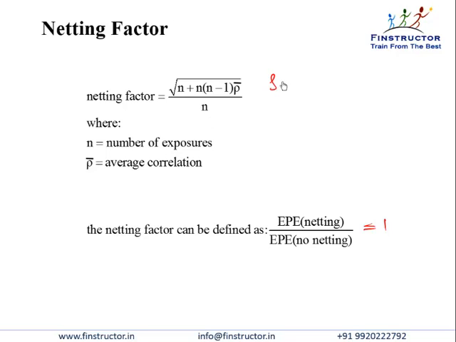So when rho is equal to 0, this formula will become square root of n upon n, that is approximately equal to 1 upon root n. The netting factor will be minimized when rho is minus 1 and it will be maximized when rho is equal to plus 1. Please verify that if rho is equal to plus 1, then the netting factor will be equal to 1 or 100%. The numerator will also be n divided by n.